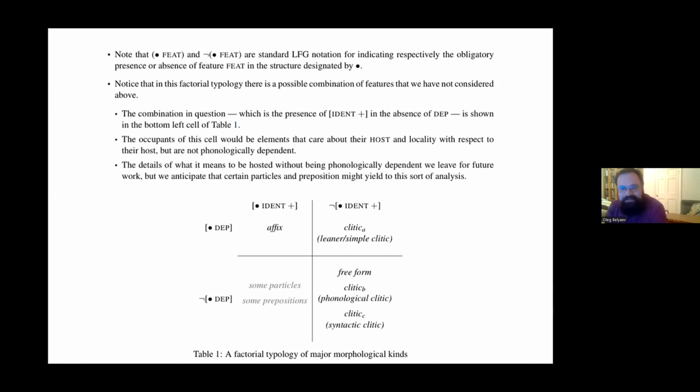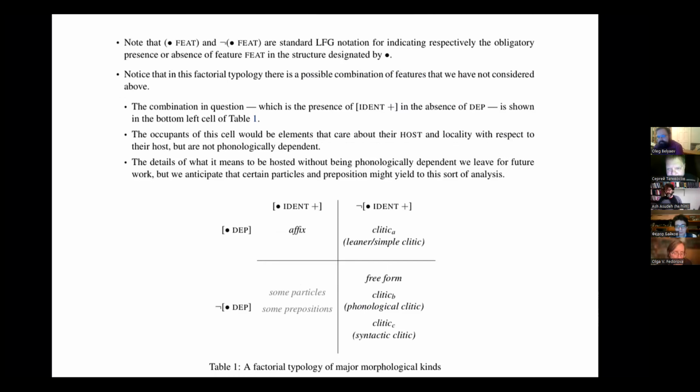If I can just pick up on your point for a second, these are basically the 4 possibilities we get, and we've tried to say what these possibilities are in terms of what people talk about, but we don't ultimately want to have a nomenclature fight about whether I really want to call this thing an affix or this thing a clitic.